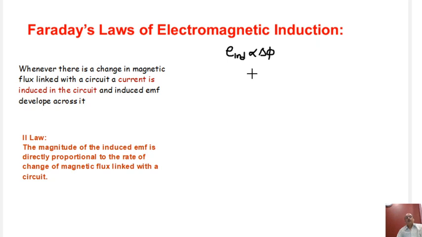If we have a coil and inside it the magnetic field is regularly changing, it means the flux is changing.